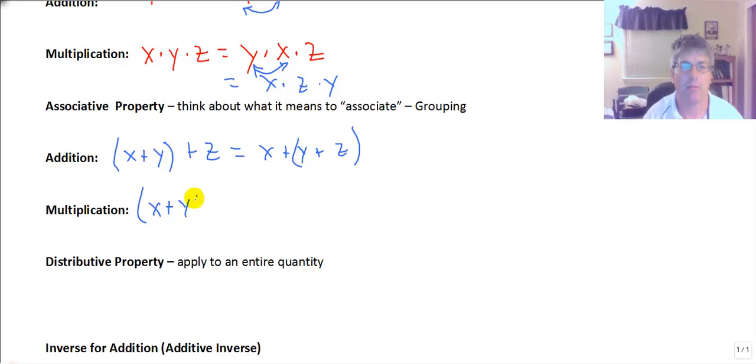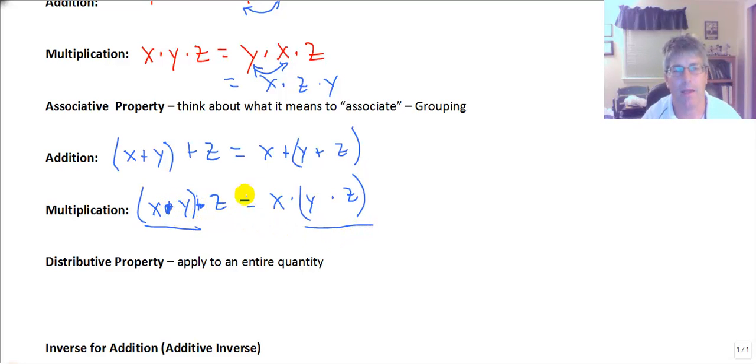So x times y times z is equal to x times y times z, where we group the y and the z. So it doesn't matter with the associative property with respect to multiplication. We group the x and y on the left and the y and z on the right. Notice I kept the order the same. x, y, z is the same from left to right.